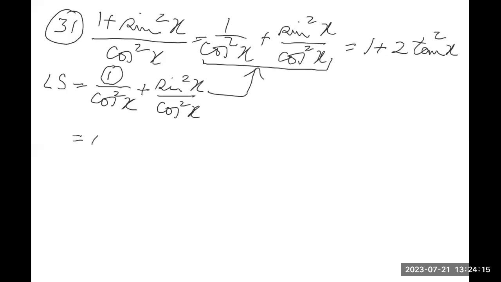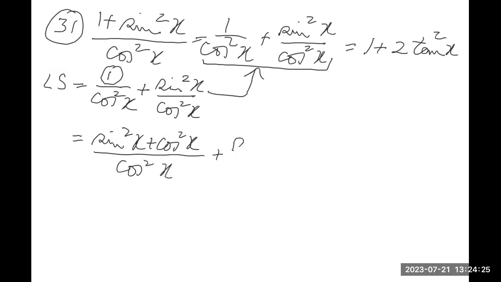So if I write that as sine square x plus cosine square x, then this becomes, and the two denominators are the same, so I can combine them.